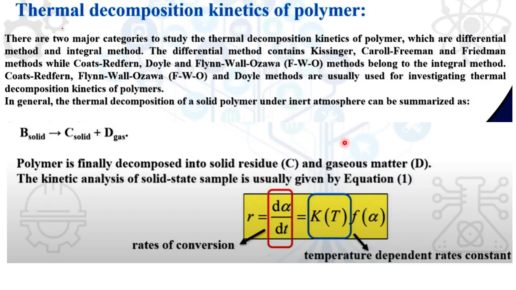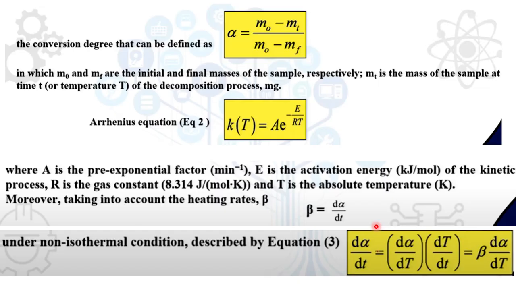That polymer is finally decomposed into solid residue and gaseous matter. The kinetic analysis of a solid state sample is usually given by the equation dα/dt, the rate of conversion, equal to k(T), that is the temperature factor, times f(α). Now, alpha is the conversion degree, (m0 - mt)/(m0 - mf), where m0 and mf are the initial and final masses respectively, and mt is the mass of the sample at a specific time or temperature of the decomposition process.